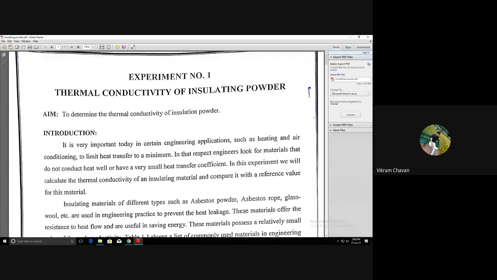The materials which provide the maximum resistance to transfer heat will be considered as insulating materials.